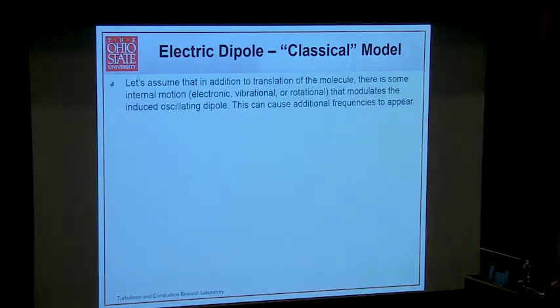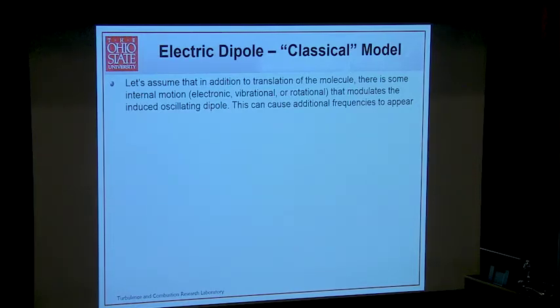Now we want to see how that's divided up. Let's say in addition to translation of the molecule, we actually have internal motion. That would be electronic, vibrational, or rotational energy. So now what we just described for something that's spherical, if we're just sitting there and we hit it with an electric field, it's going to respond, modulating at the exact same frequency as the laser.